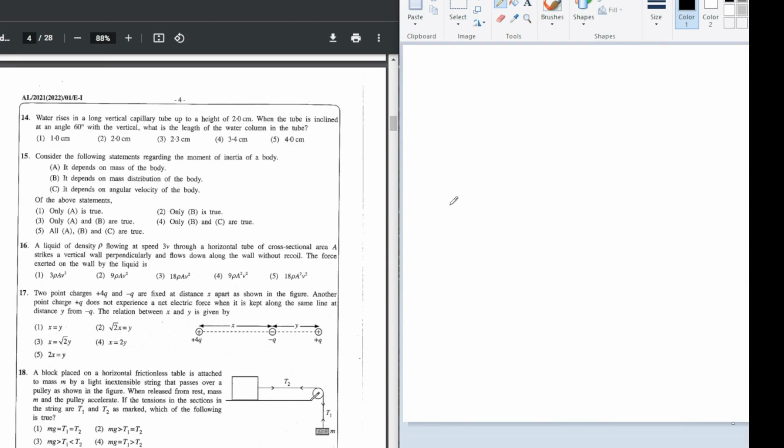Let's draw a diagram for this. Horizontal tube, cross-sectional area is A, and the speed of the liquid inside the tube is 3v. We take that as u. And density of the liquid is rho.